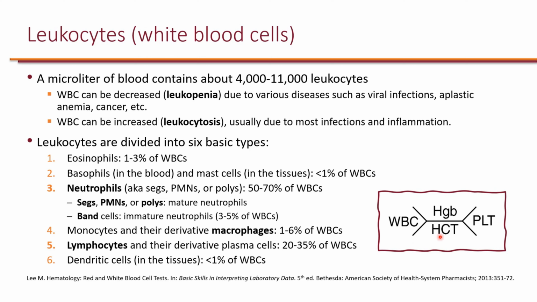Now, here on the right-hand side, you can see the shorthand way of writing some of these lab values. So on the left hand side is white blood cell, on the right hand side is platelet, at the top is hemoglobin, and at the bottom is hematocrit. And this is a shorthand clinicians typically use when they work up patients.